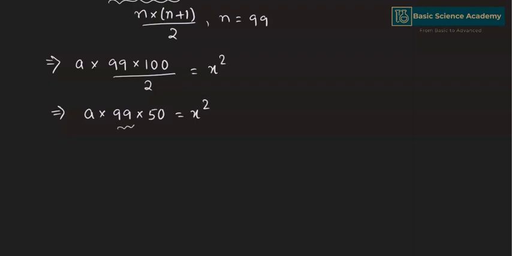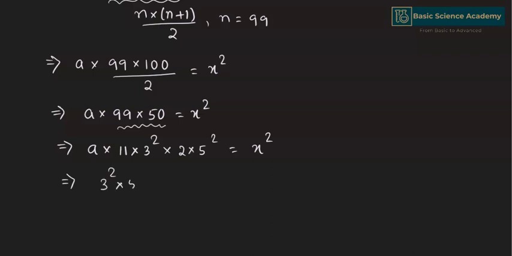Prime factorization of 99 and 50 gives a multiplied by 11 multiplied by 3 square multiplied by 2 multiplied by 5 square equals x square, which we can write as 3 square multiplied by 5 square multiplied by a multiplied by 11 multiplied by 2 equals x square.